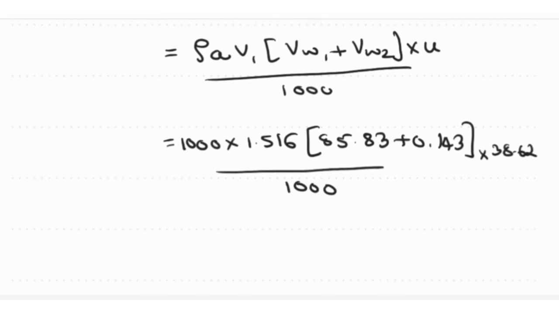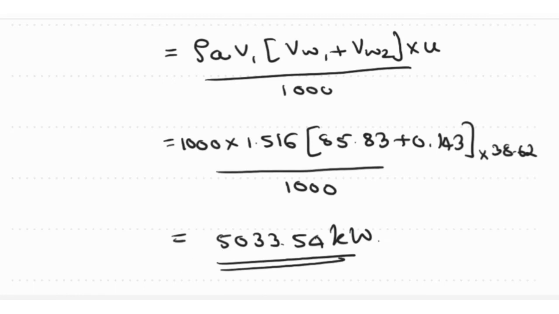So we'll get the answer of power as 5033.54 kilowatt. So this is the runner power.